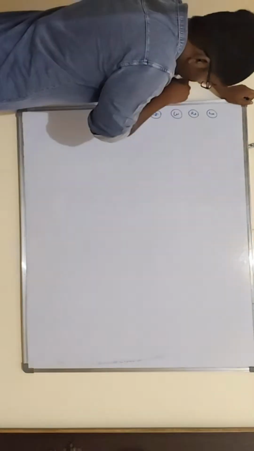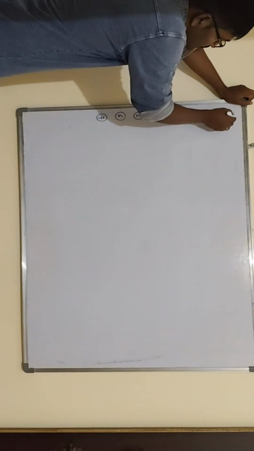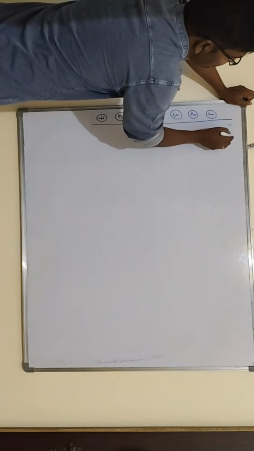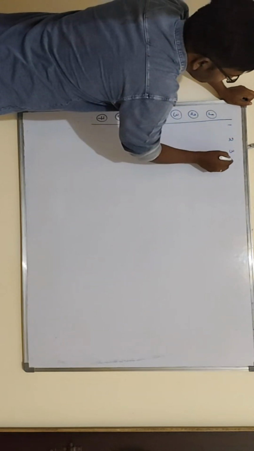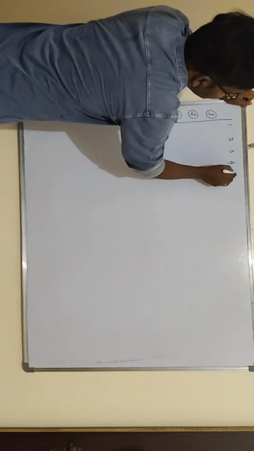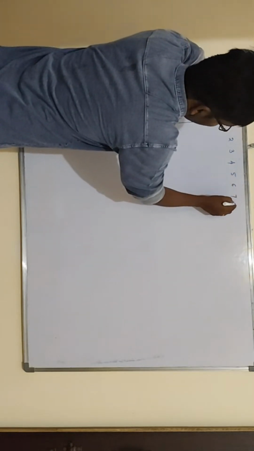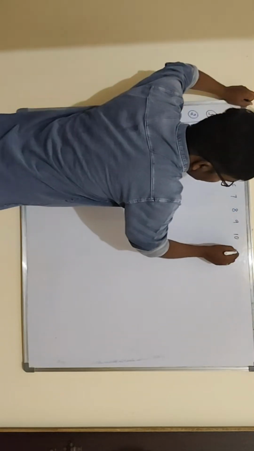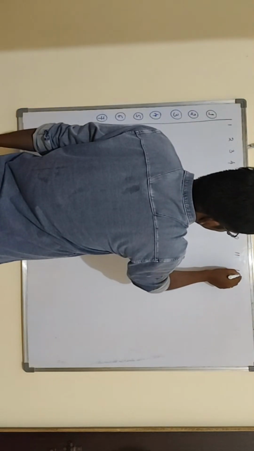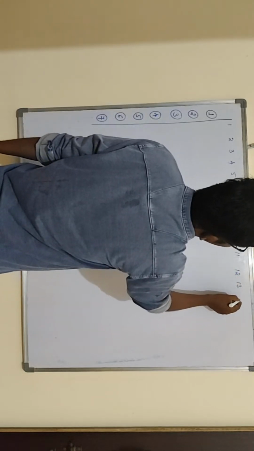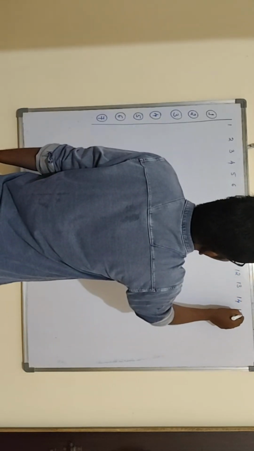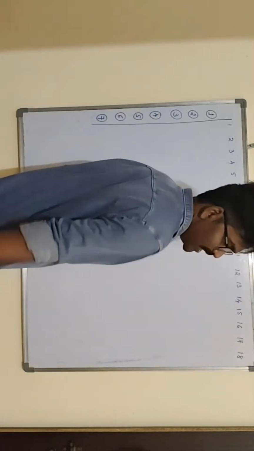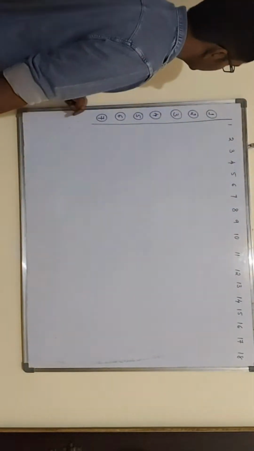Okay, clear? Groups: 1, 2, 3, 4, 5, 6, 7, 8, 9, 10, 11, 12, 13, 14, 15, 16, 17, 18. 18 groups are present.